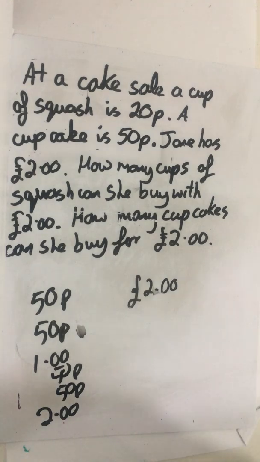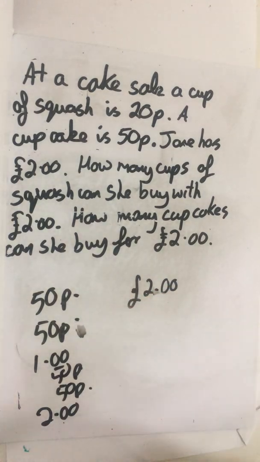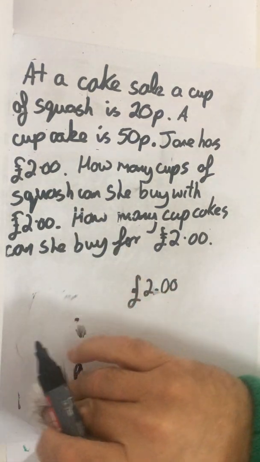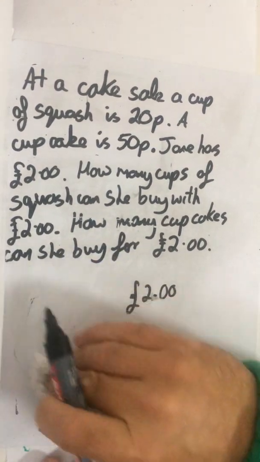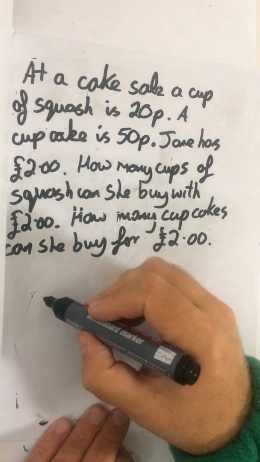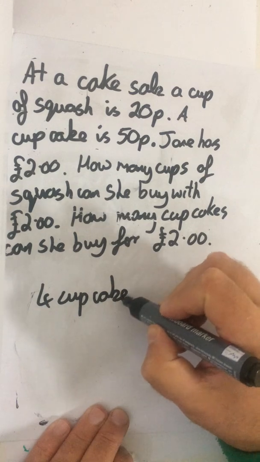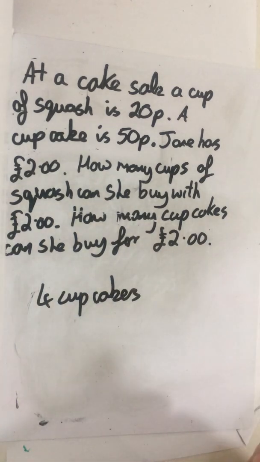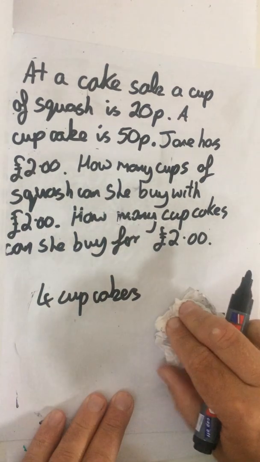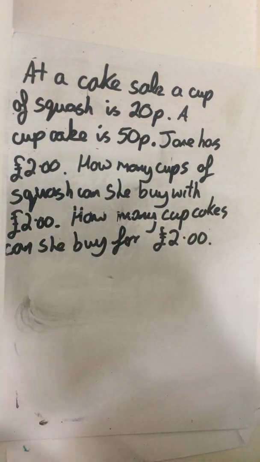So you spend the £2 by buying 1, 2, 3, 4 cupcakes, isn't it? So 4 cupcakes would be your answer there. When you're doing the ones yourself, they're a little bit trickier than that. Okay, so 4 cupcakes, just to give you an idea of how we're going to go about doing them.